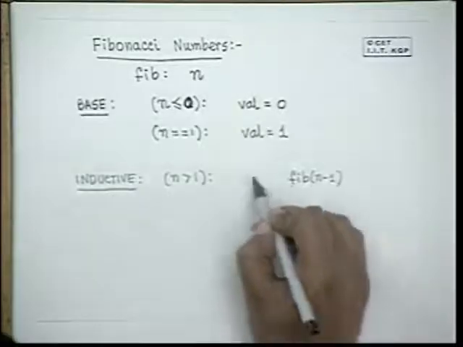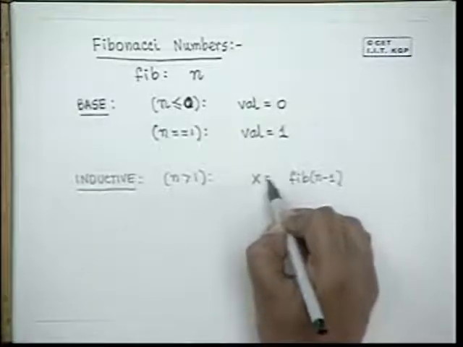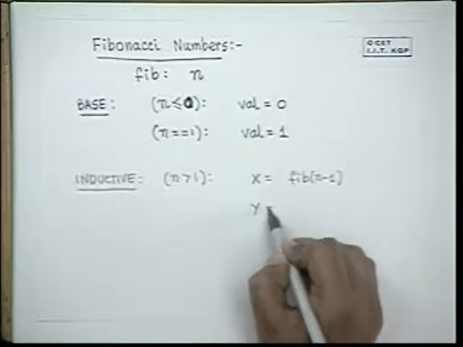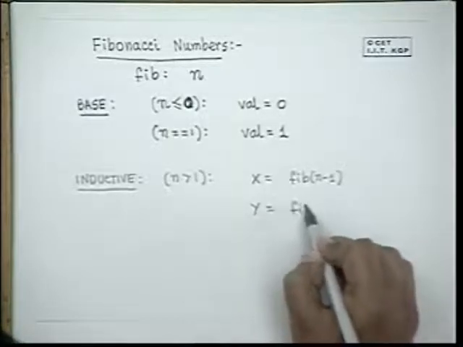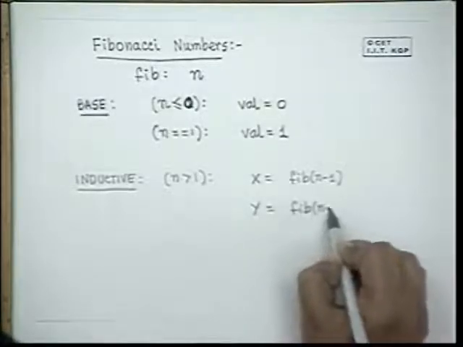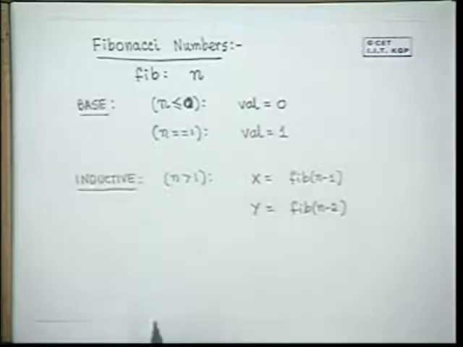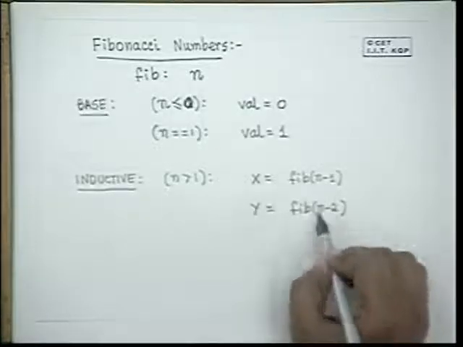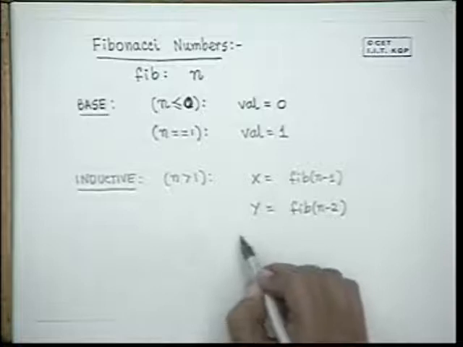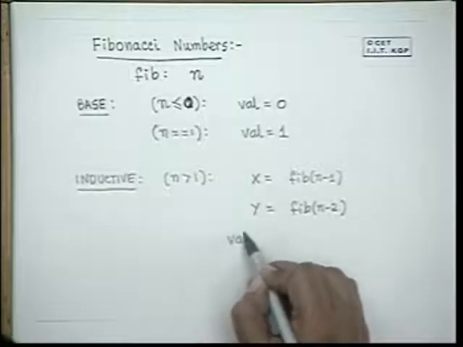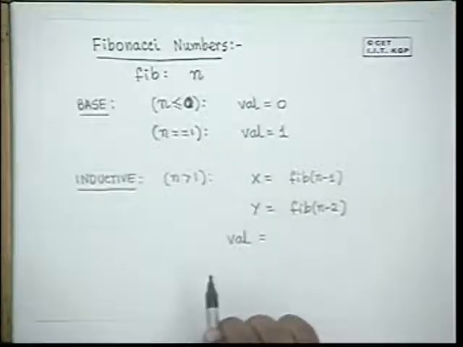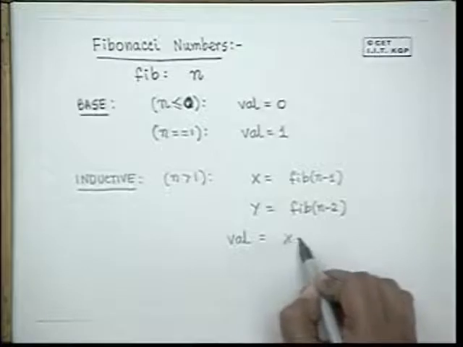We have to solve and get the solution in, say, x. In y, we solve fib of n minus 2. These are our two decomposed subproblems, and we recompose our subproblem by the addition operation x plus y.